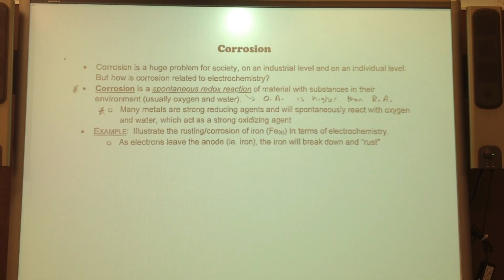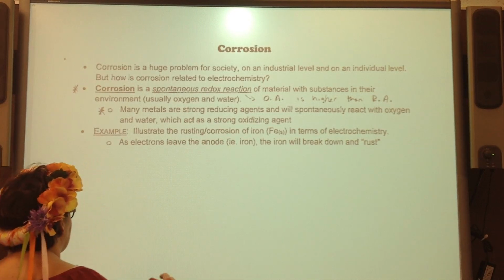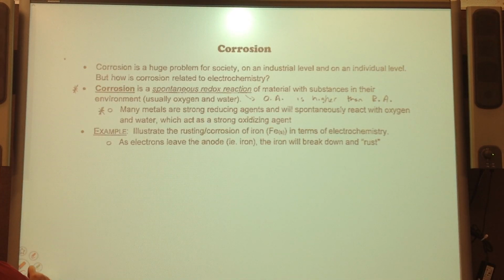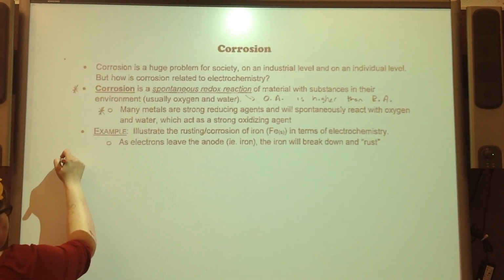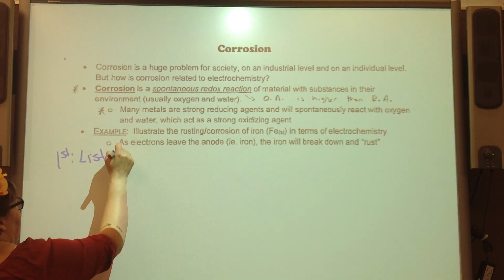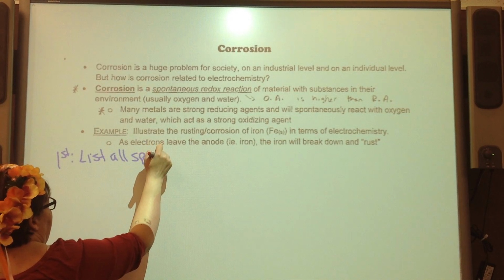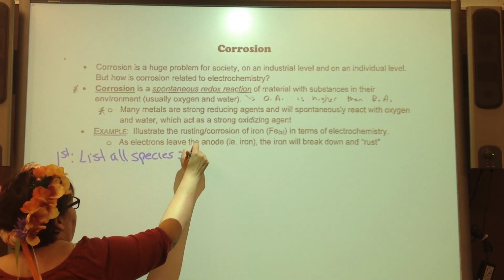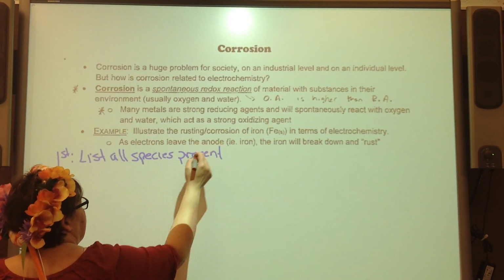Okay? So here's what it looks like when we have iron rusting in terms of electrochemistry. Electrons leave the anode, the iron will break down. So first thing to do, list all your species present.